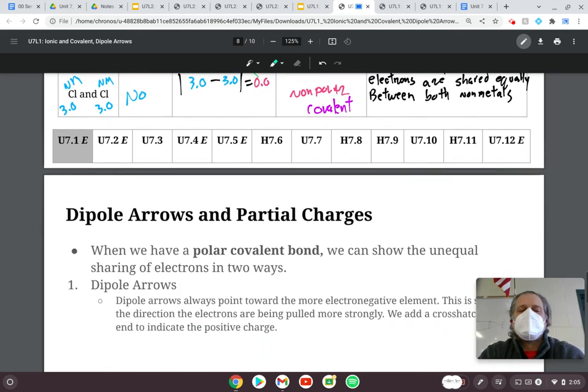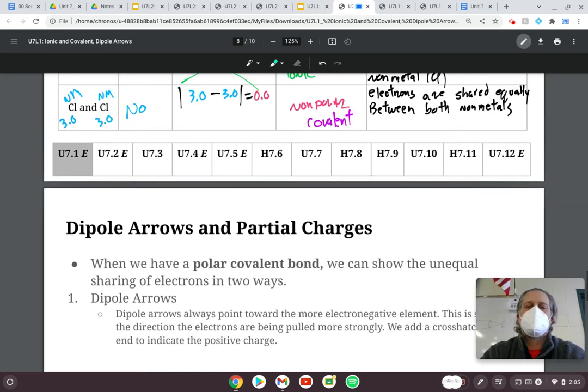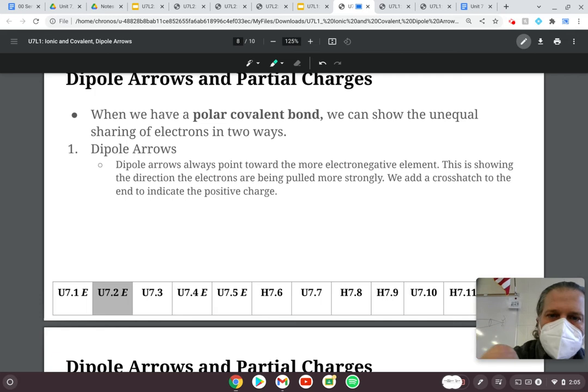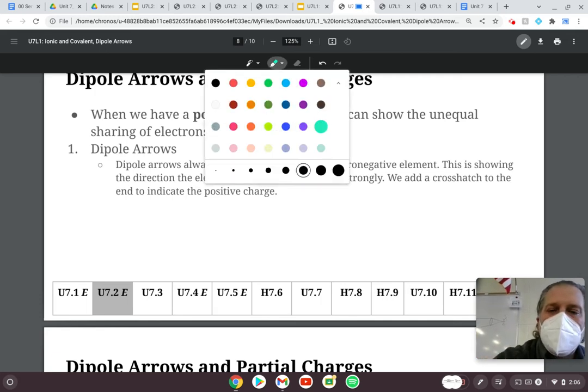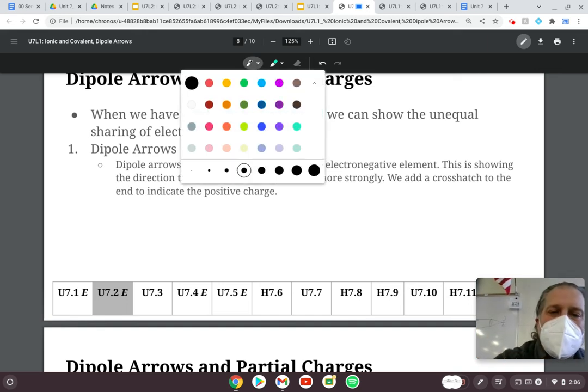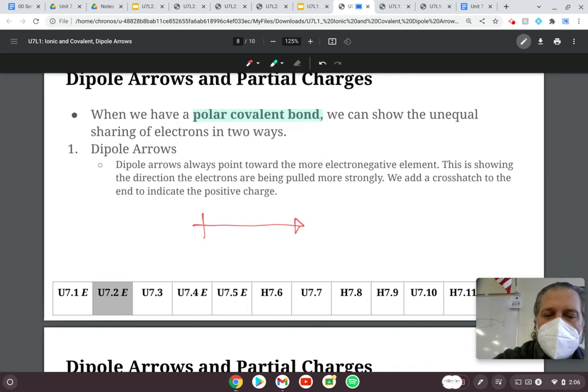Now, there's something that we need to talk about that we call dipole arrows and partial charges. Dipole arrows are used when there is a polar covalent bond. It's a way for us to show the direction that the electrons are being pulled in the polar covalent bond. So in our polar covalent bond, we can show that the electrons are being pulled by drawing an arrow that looks like this.